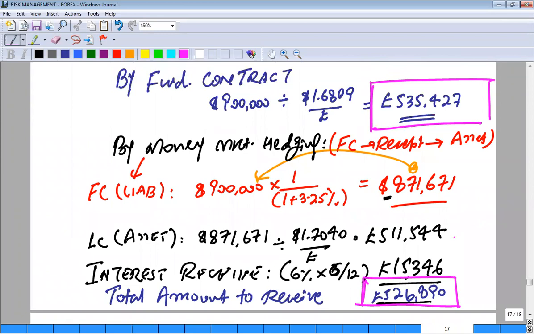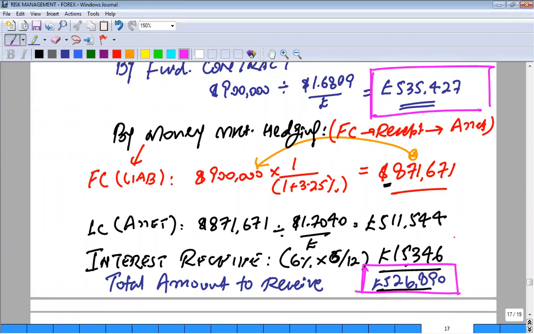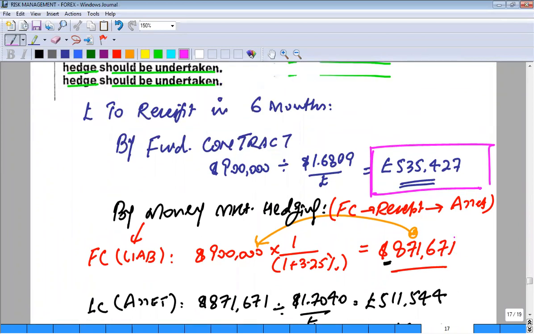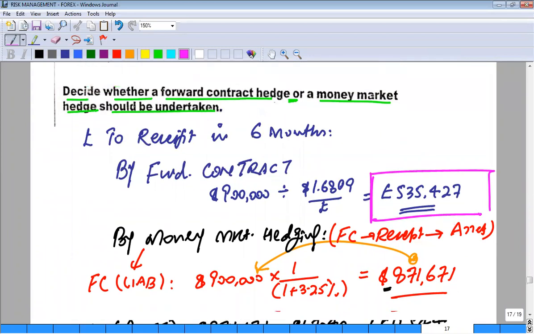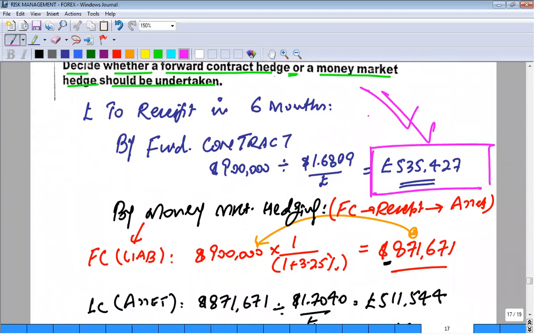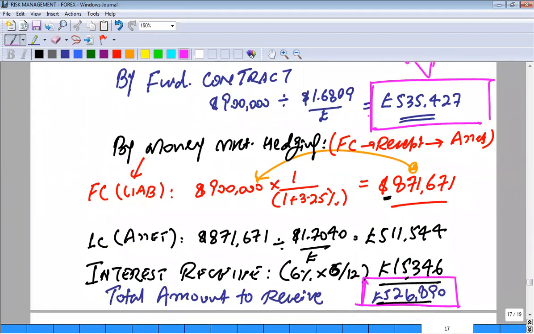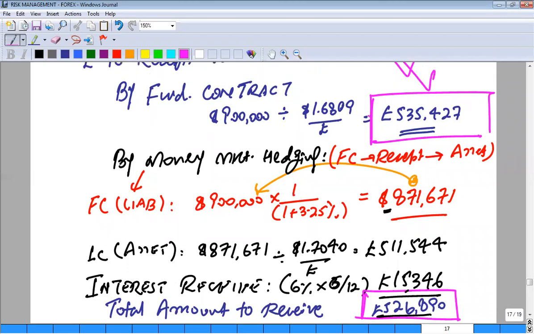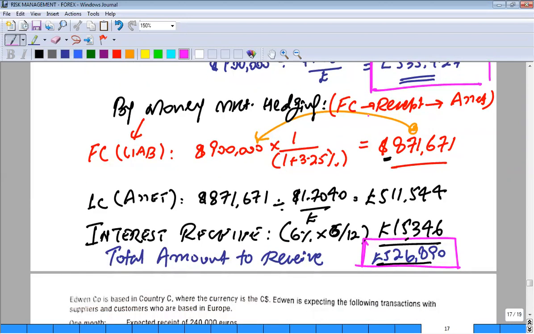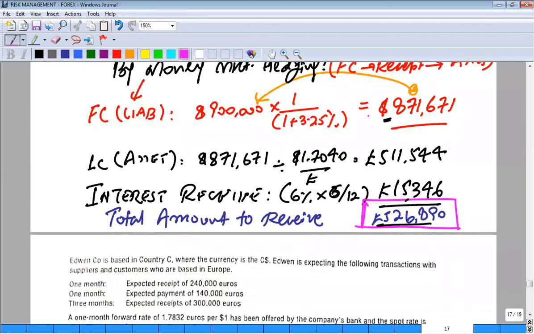On that basis, we are expecting to receive more from the forward. So forward is much better in this case, and that is what we have done accordingly. That's the money market hedging.